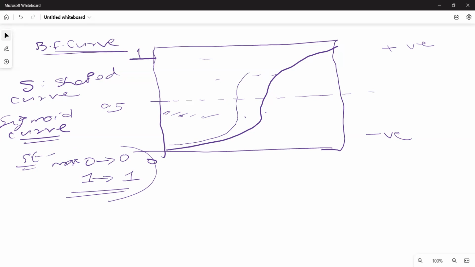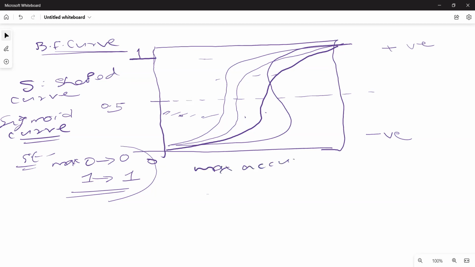So my S curve can resemble like this, or like this, or something like this. Okay, so I can have as many best fit curves, just like we have as many best fit lines. The best fit curve is the one which has the maximum accuracy.